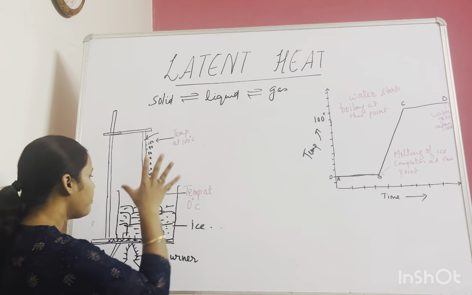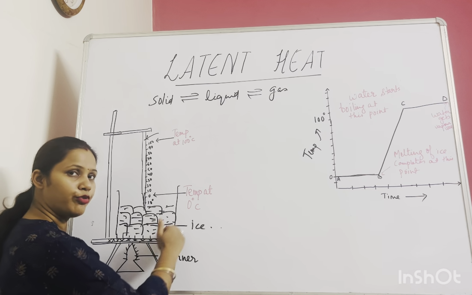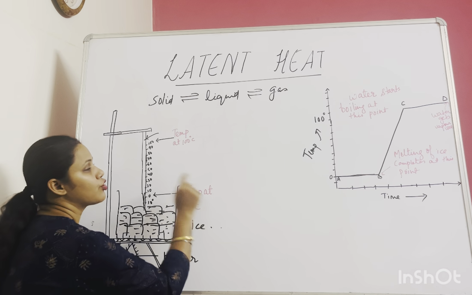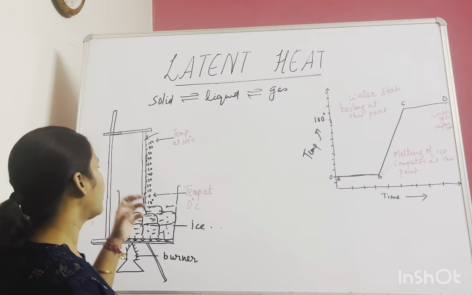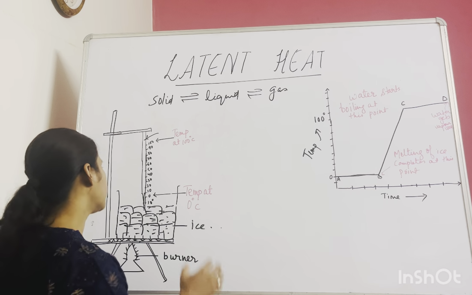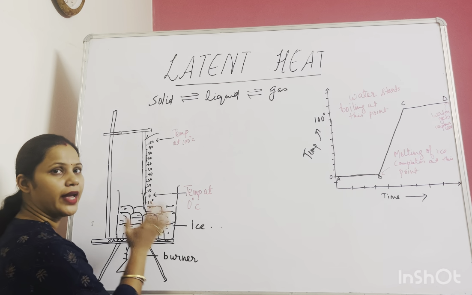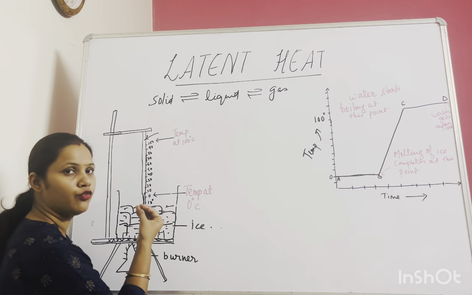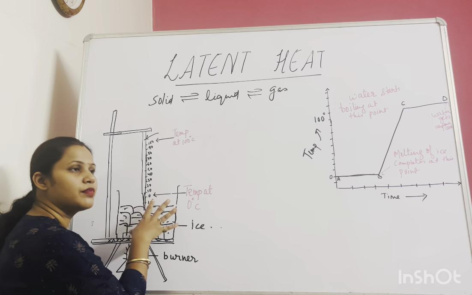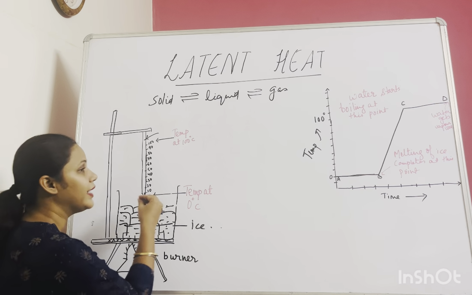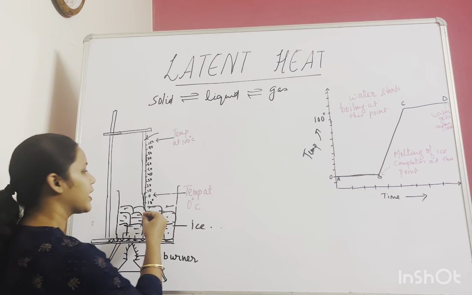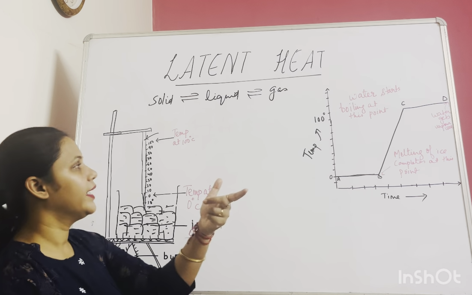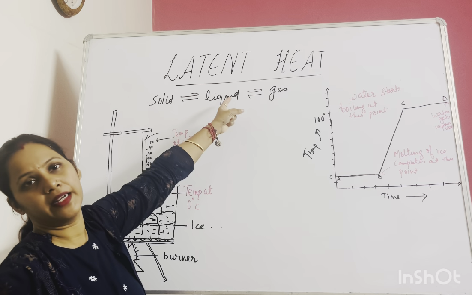Okay, but what do we see in this system? Though the process remains continuous, we will observe that the temperature remains constant at 0 degrees Celsius. Now why does it remain constant? Because whatever heat we are supplying to the system, all of that heat is being absorbed by a hidden energy inside the system, that is taking it to interconvert the solid into liquid, and that hidden heat is known as latent heat.